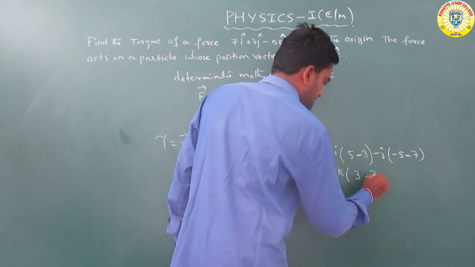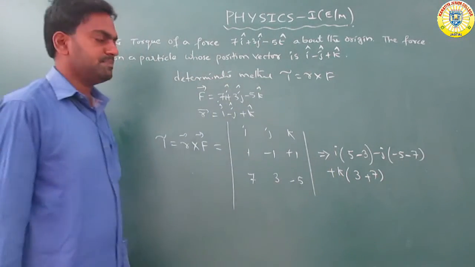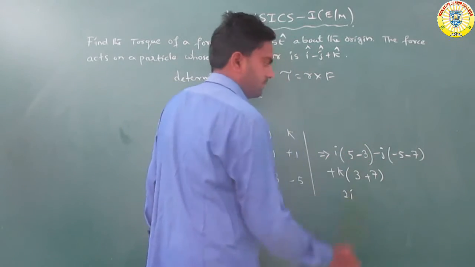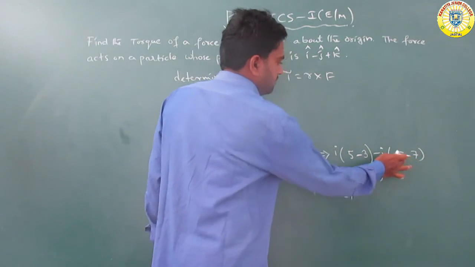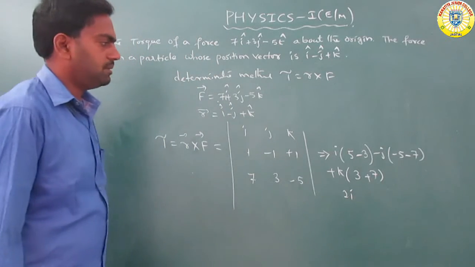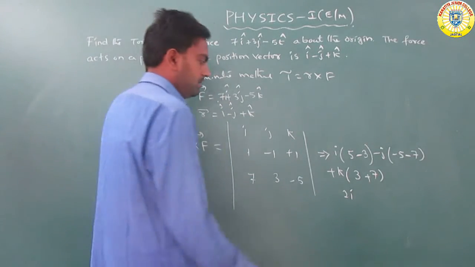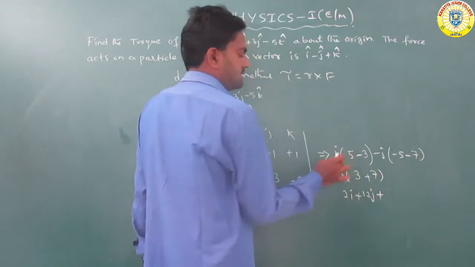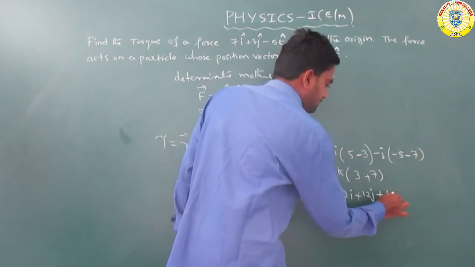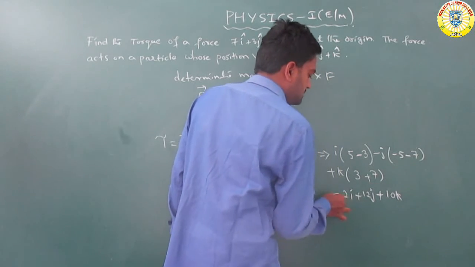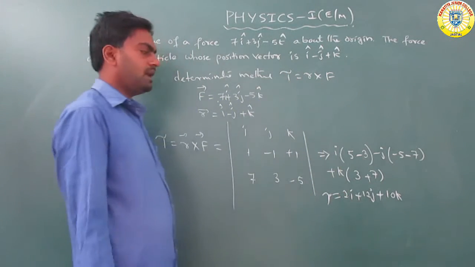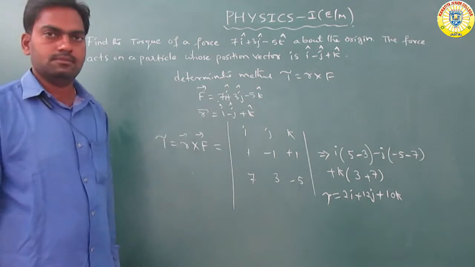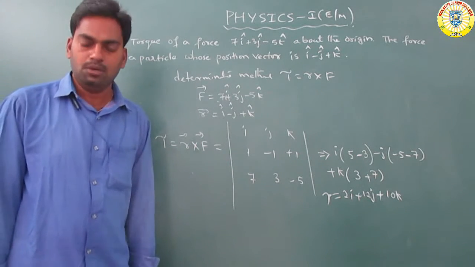So that is minus 8i, plus 12j, plus 10k. So minus 8i plus 12j plus 10k is the torque, found using the determinant rule.